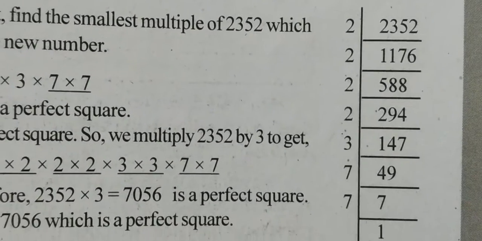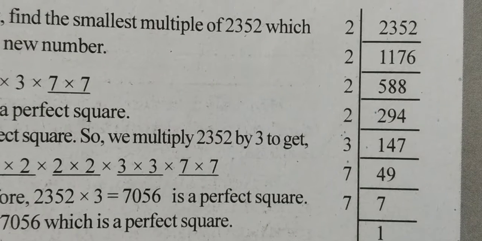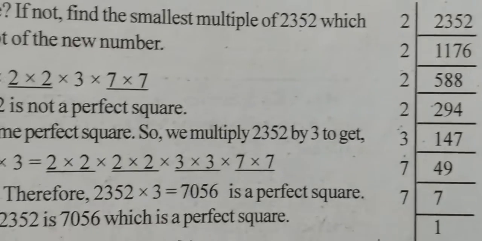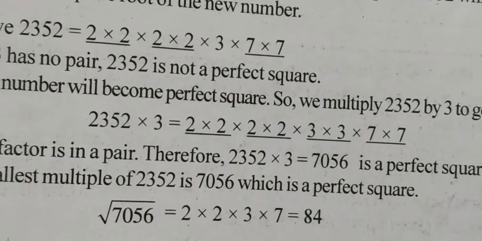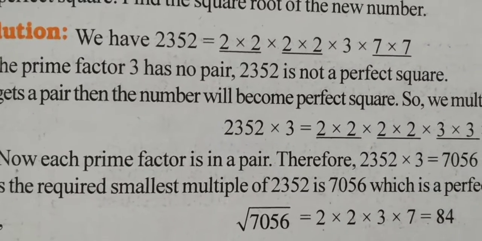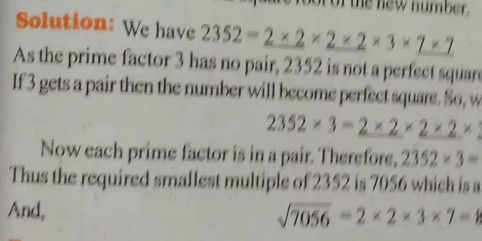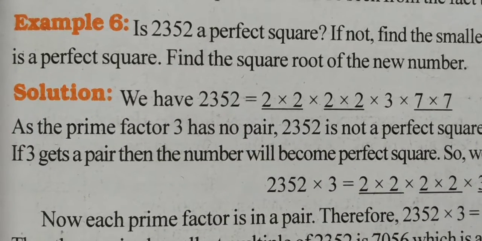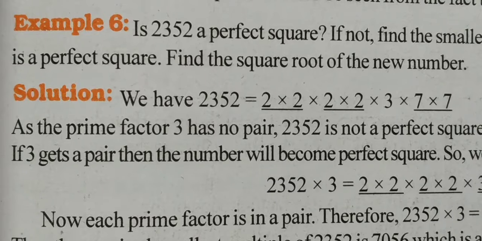Prime factorization is required, and then you have to find out that single number that will make it easy to get the perfect square number. Okay, so here is an example in your textbook. Example 6 on page number 101.